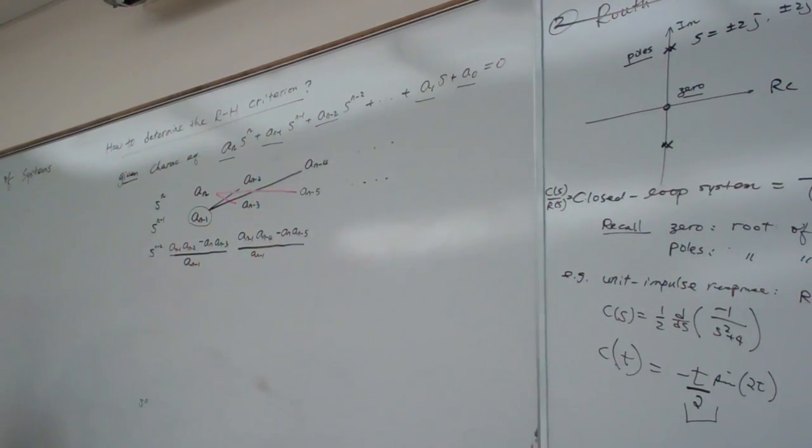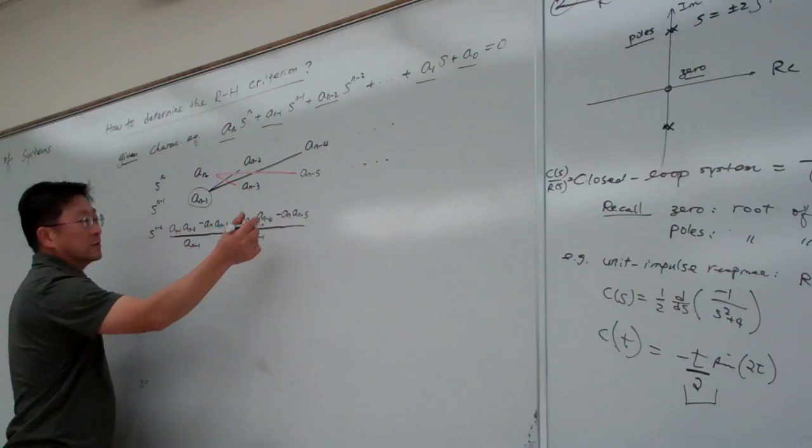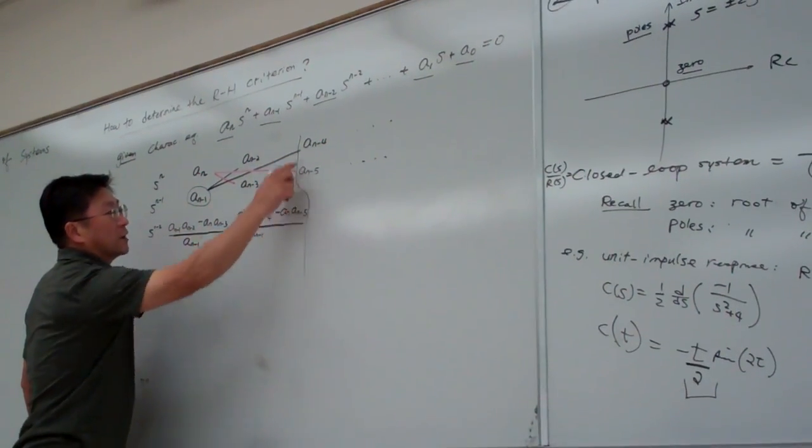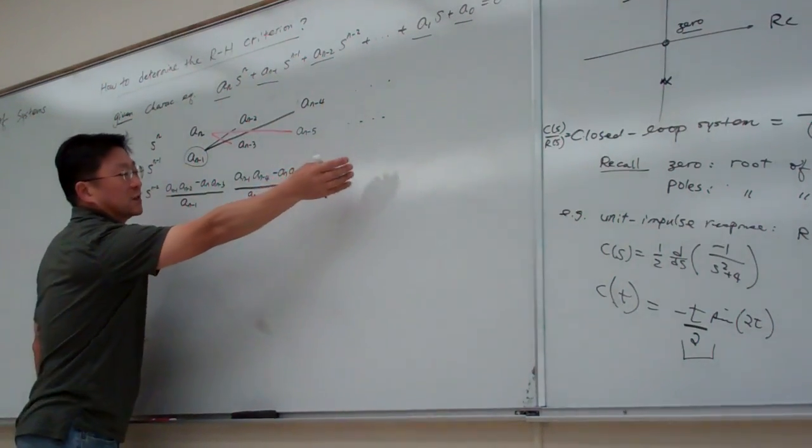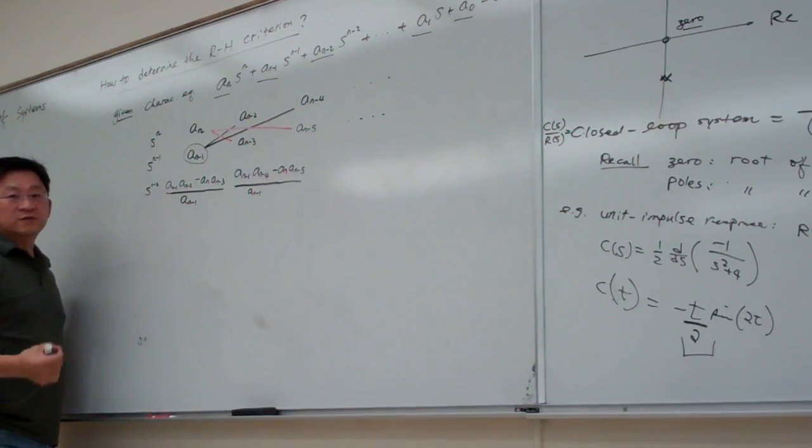So this is the second column. You repeat these things until you get to 0.